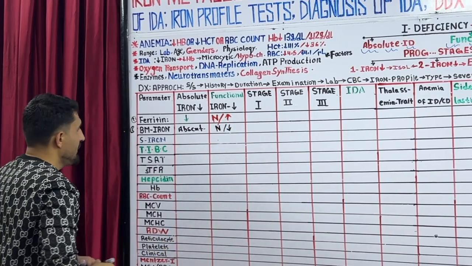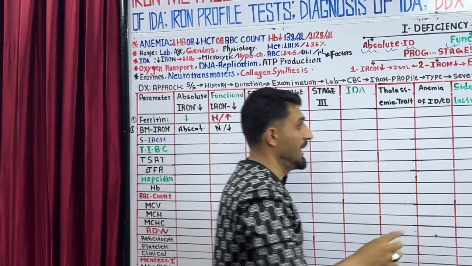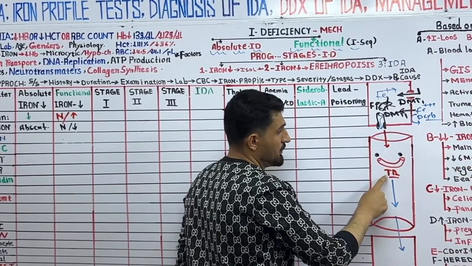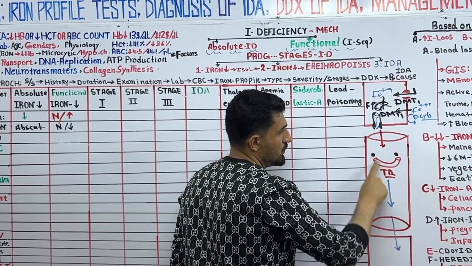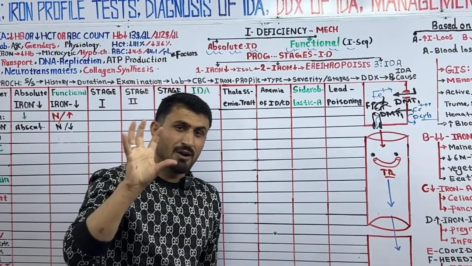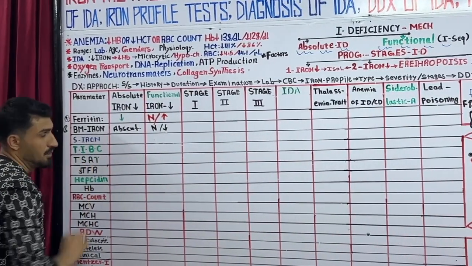Got it? Come here to serum iron. Do you know about serum iron? This iron is in complex form with apotransferrin. The combination of these two is called transferrin. So this amount of transferrin inside our circulation is called serum iron.